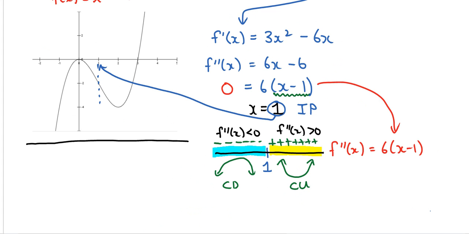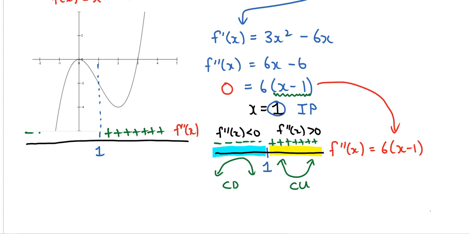According to my second derivative, I have positive values over here, meaning that I'm concave up, and this part of my graph is going to be negative. So in this region I'm concave up, which matches my positive values, and this part right here in green is going to be concave down, which matches the negative values. So indeed, it was very similar to what I thought when I first started looking at the problem visually.